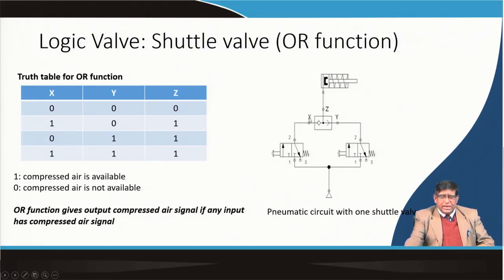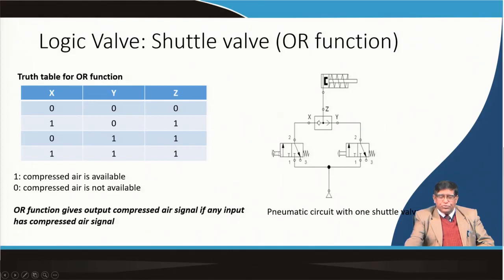So, you have these two ports, X and Y, and the output is given at Z. Now, we have these two valves. If you are not getting compressed air at X and Y, then there is no flow and there will not be any output at Z. Now, if there is air at the X port, by pressing this knob you can allow the air to go through.